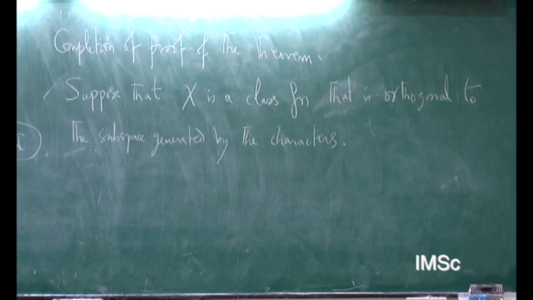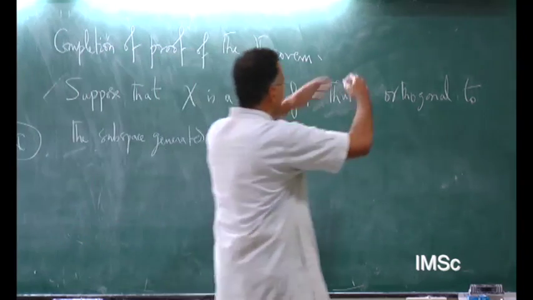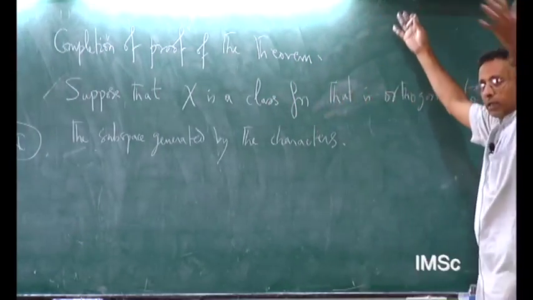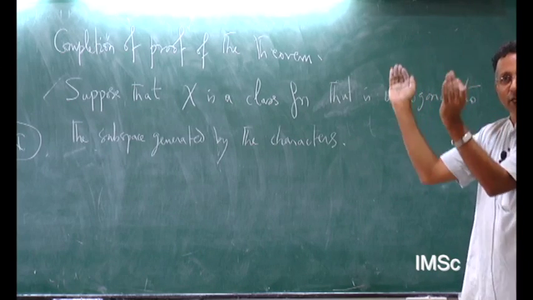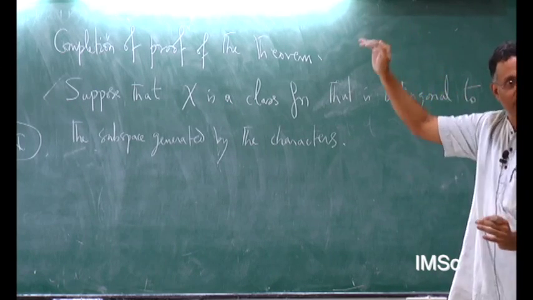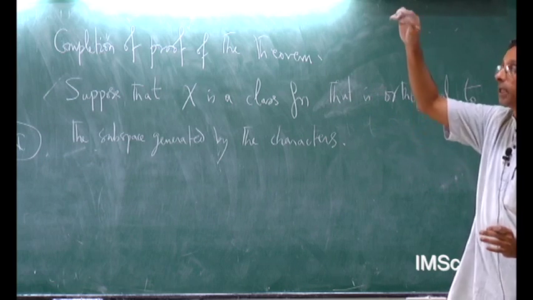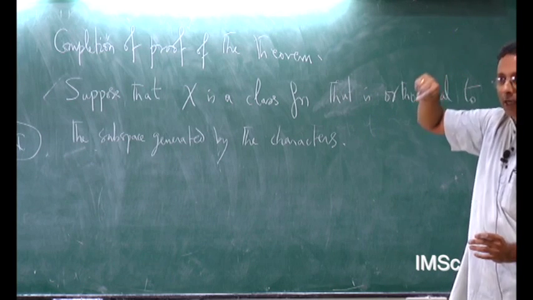Therefore, the space generated by the characters is a subspace of class functions. Okay? Now, what we want to show is that, here is the space of class functions. The space of characters is a priori a smaller subspace. We want to show that there is nothing there which is not in here.